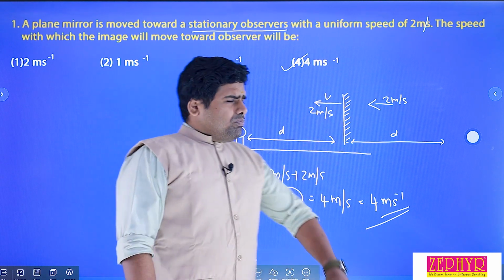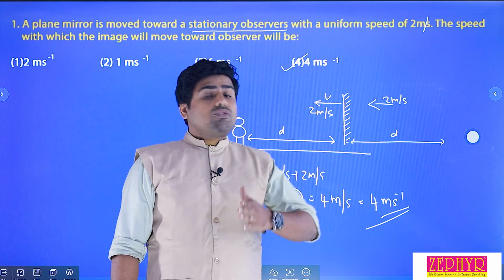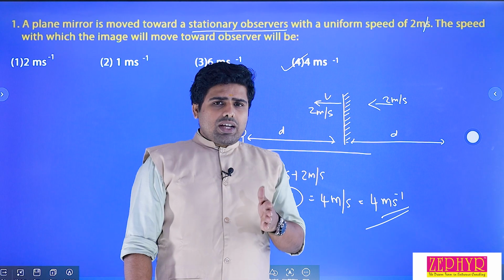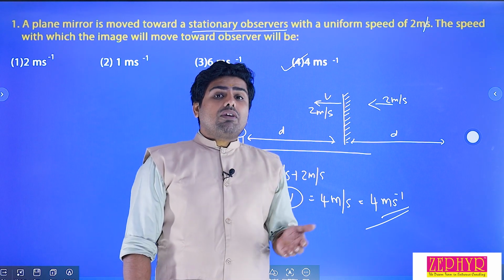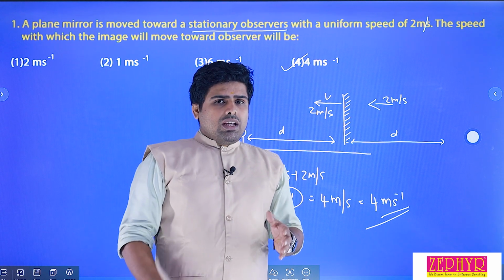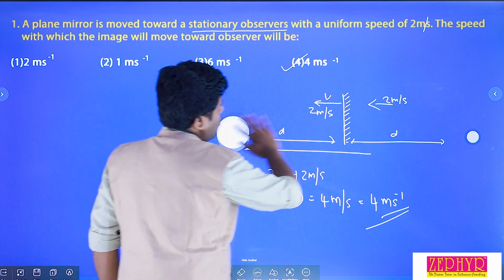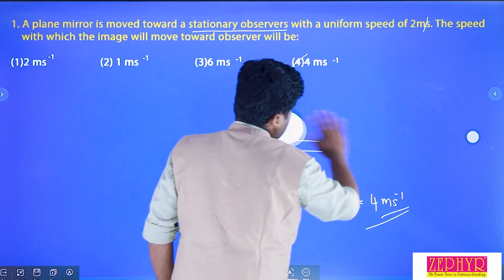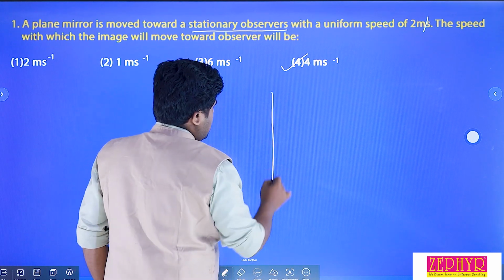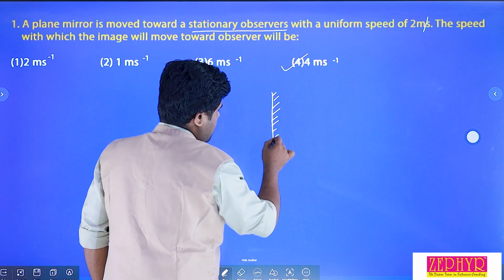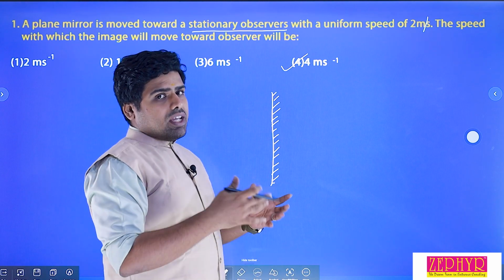This question is coming from the part reflection. Mainly, reflection is related to two types of mirrors: the plane mirror and the spherical mirror. A plane mirror means a straight mirror with one smooth straight surface. A spherical mirror is a part of a sphere.